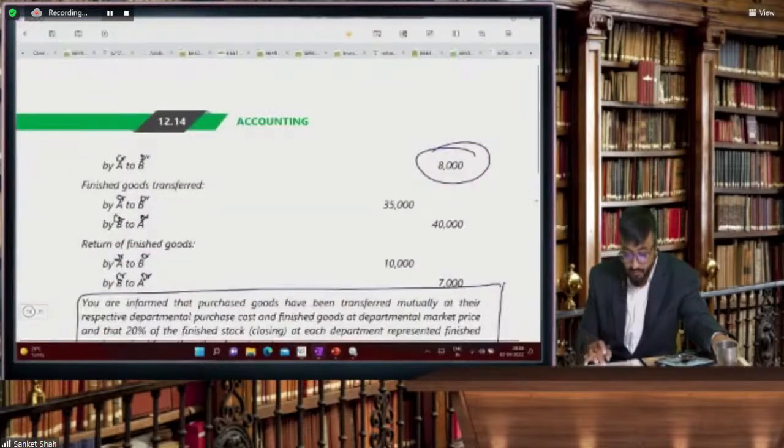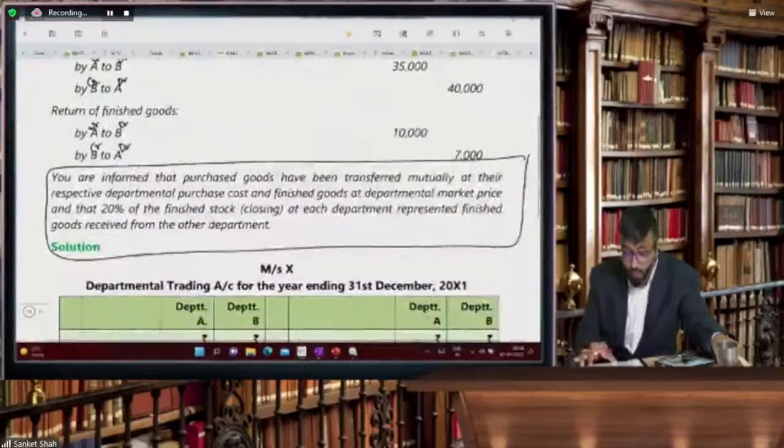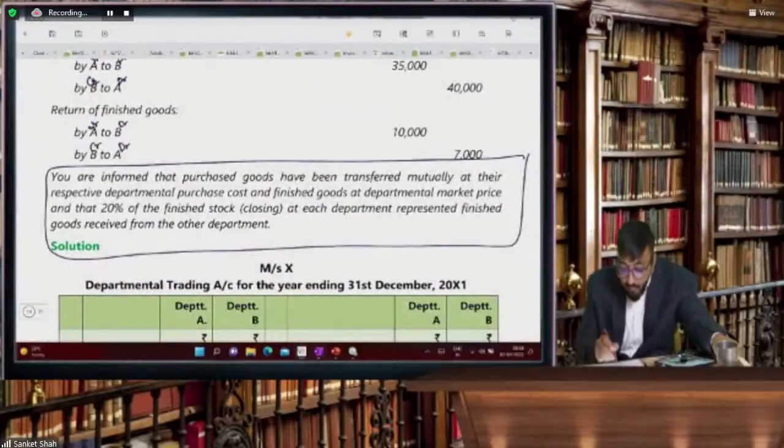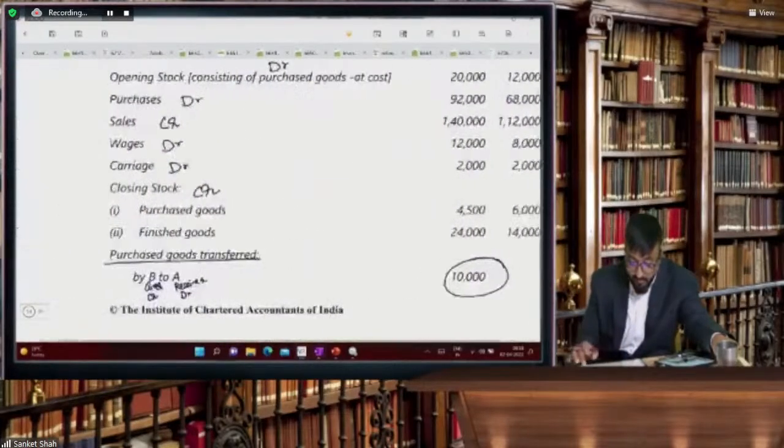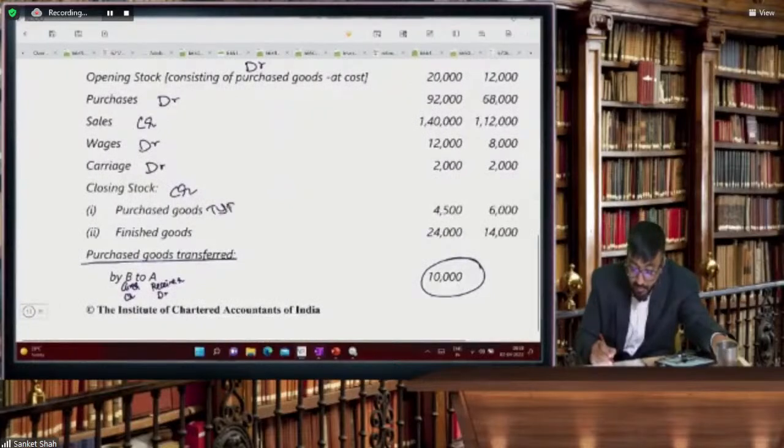Now beta, you are informed that purchase goods are transferred at their cost. So there are two types of inventory. Type 1 is purchase goods and type 2 is finished goods.